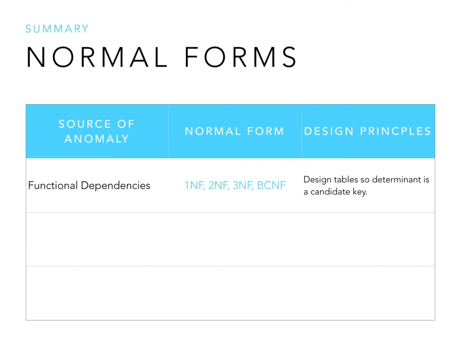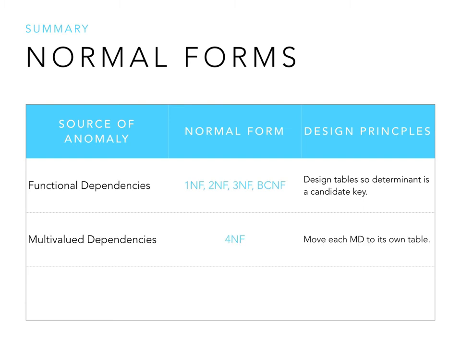The principle here is that we're going to design the tables so that determinants are candidate keys. We're going to make the determinants the candidate keys. All right. Each one of those build on each other. So if you have a 3NF table, it's also 2NF and 1NF. They each build on each other.